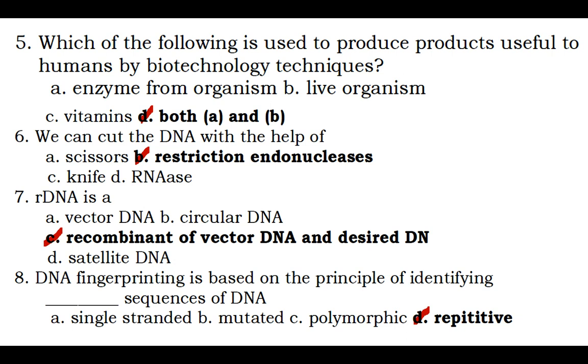Question number 6. We can cut the DNA with the help of option B, restriction endonuclease. Question number 7. rDNA is a option C, recombinant of vector DNA and desired DNA. Question number 8. DNA fingerprinting is based on the principle of identifying dash sequences of DNA. Option D, repetitive.